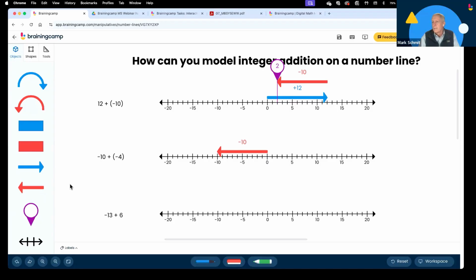Here's -10 plus -4. I like to adjust the size out here if I can. Maybe it won't let me. Well, I will just change the value to negative.